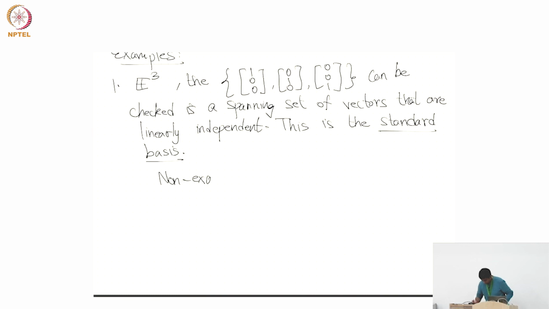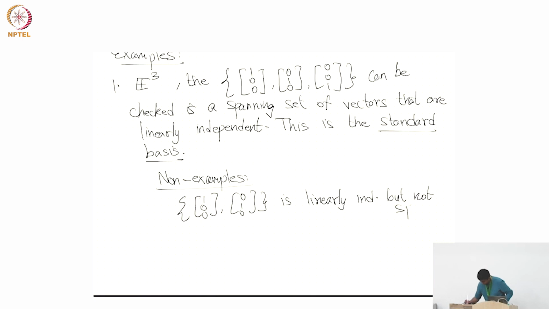As non-examples in this context, (1,0,0), (0,1,0) is linearly independent but not spanning.